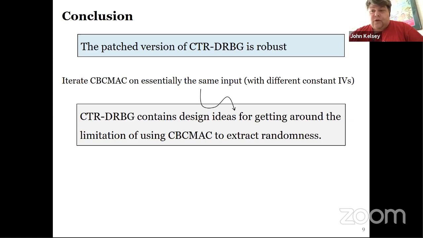The hash derivation function also has this. We've actually looked later on at allowing just using CBC MAC for instantiating counter DRBG as a more efficient thing, and we've considered that. So looking at your paper makes me think about that again a little bit more.